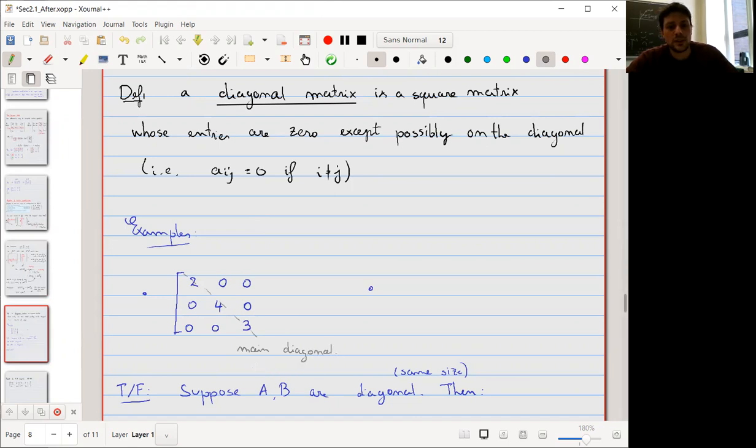In other words, its only non-zero entries are entries AII, where the index of row and column is the same. Another example could be a 2 by 2 matrix like this.